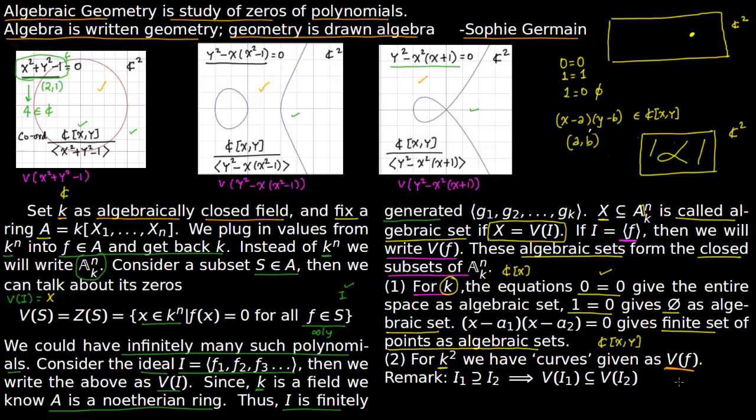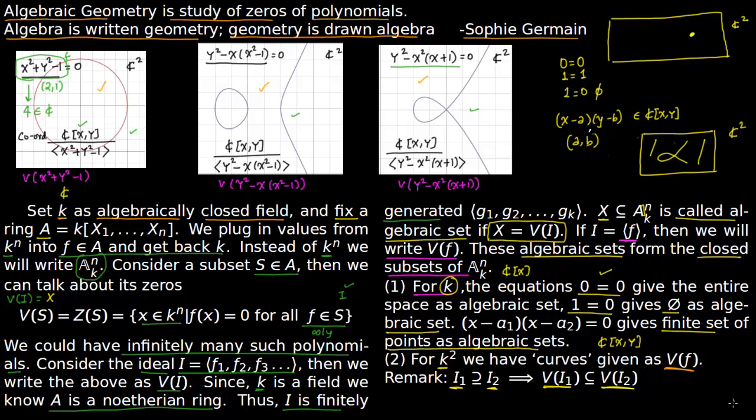Now an important remark is that if there is an ideal I1 which contains another ideal I2, so this ideal I1 is bigger than ideal I2, then the vanishing set of ideal I1 is contained in the vanishing set of ideal I2. This is kind of obvious, because if you increase the number of polynomials, then their vanishing set will decrease.